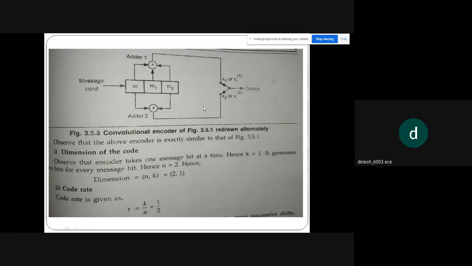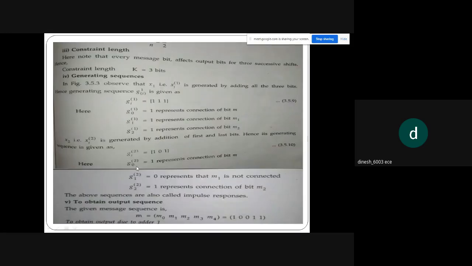So then you can write g0 of 2 as 1, representing connection of bit m. G1 of 2 is equal to 0, representing that m1 is not connected, and g2 of 2 is equal to 1, representing connection of bit m2. So in sequence, you can write gi of 2 is equal to 1, 0, 1.